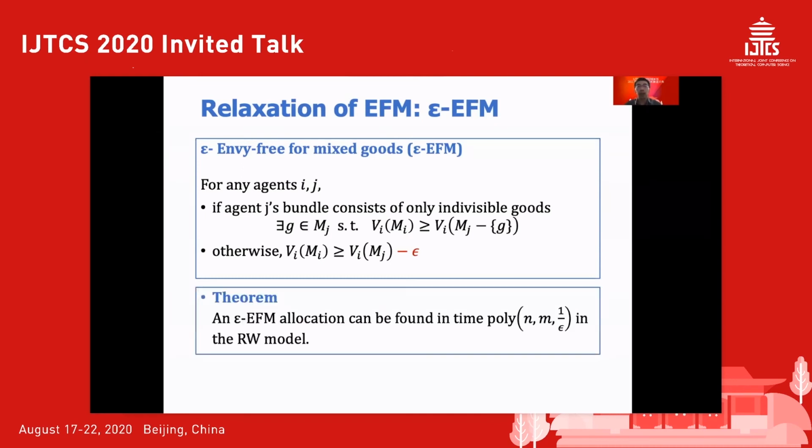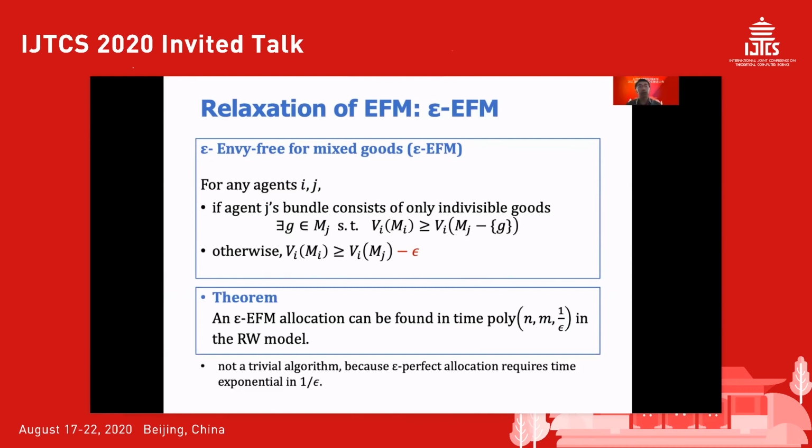And we have also a theorem saying that if we only ask for an epsilon EFM allocation, then in the Robertson-Webb model, we can indeed find an epsilon EFM allocation in time that is polynomial in the number of players, in the number of indivisible items, and 1 over epsilon.